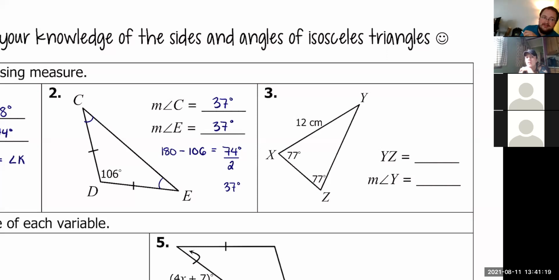I'm guessing you were talking about the 77s. Okay. So the fact that they're the same, another word for that would be congruent.